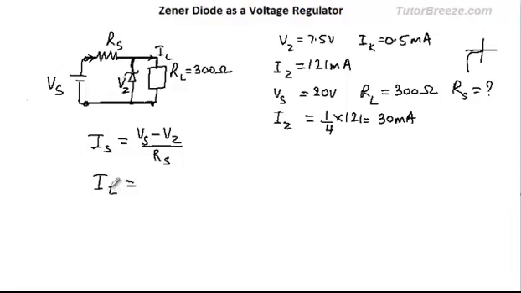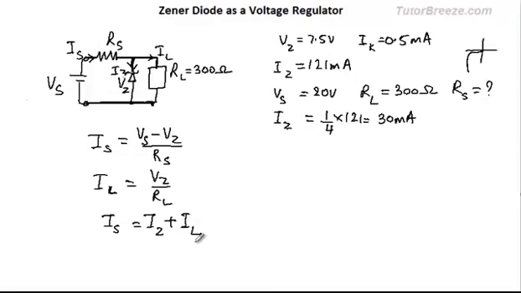So IL is equal to Vz over RL, and you can see that the current over here, which we'll denote as Is, is the sum of the current through the Zener and the load current. So say we denote this by Iz. So Is is equal to Iz plus IL.